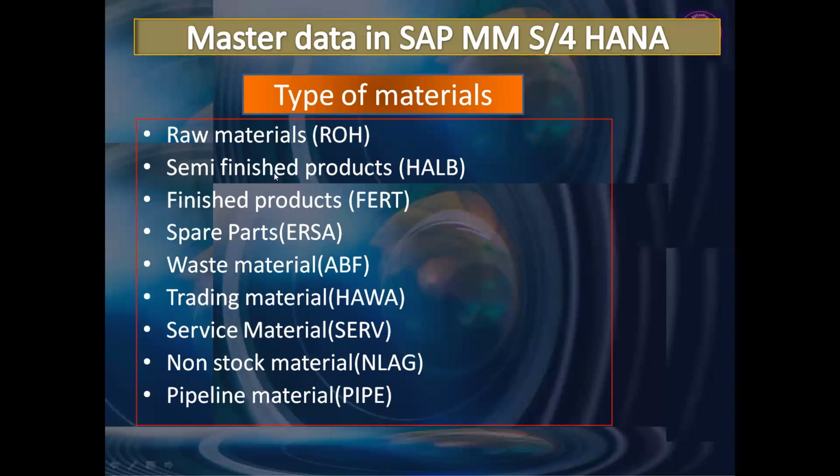When we are planning to manufacture a finished product like a tire, we require raw materials. There can be multiple raw materials required to manufacture the finished tire.